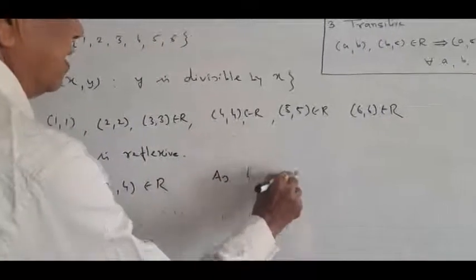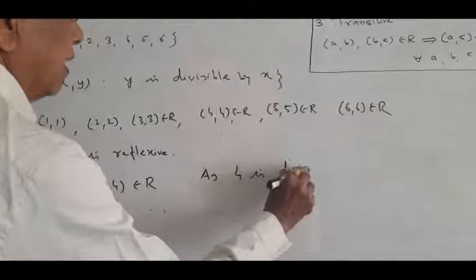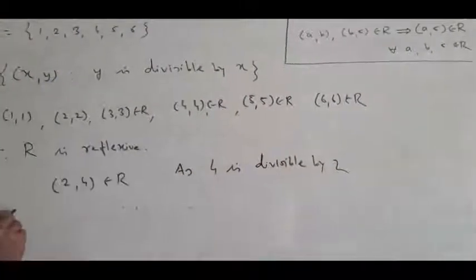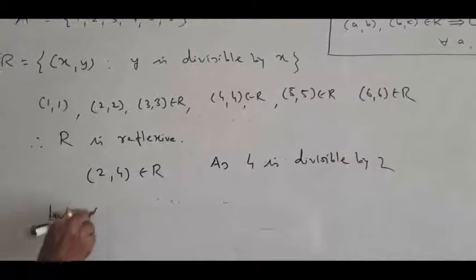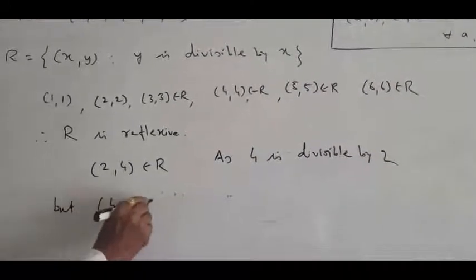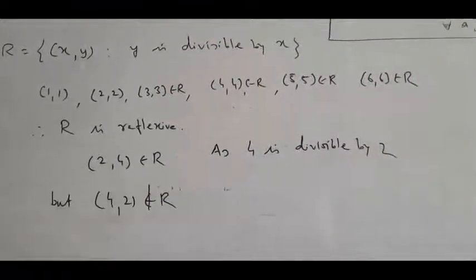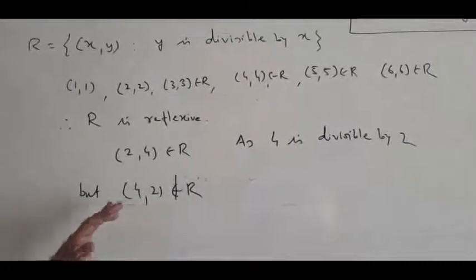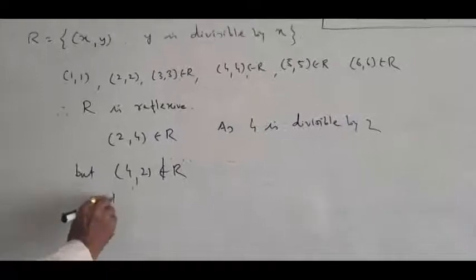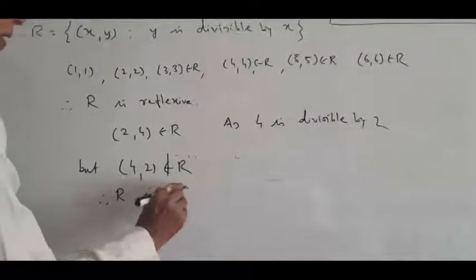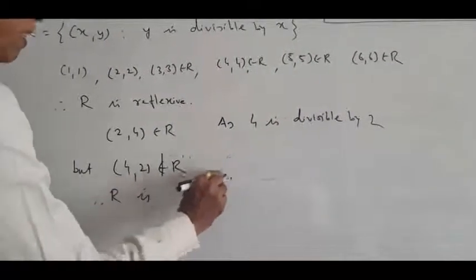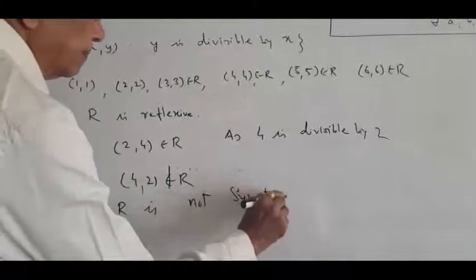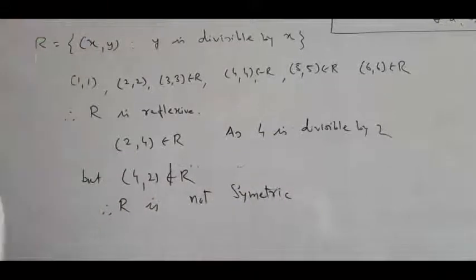But (4, 2) does not belong to R because 2 is not divisible by 4. Therefore, R is not symmetric.